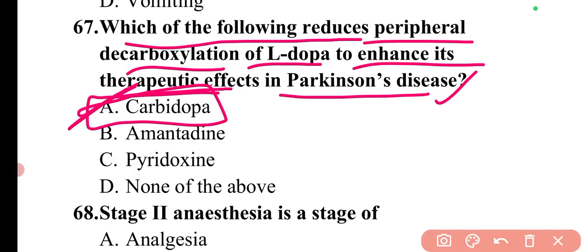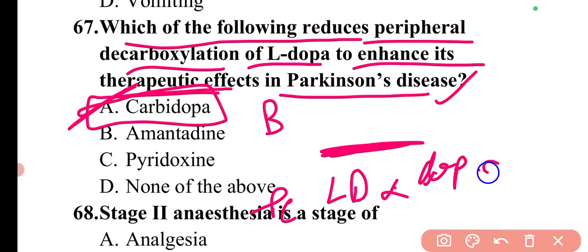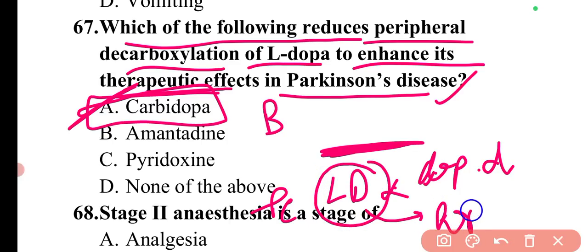Basically, I have told you the process, like there is a barrier. This is the periphery part. This is the brain part. So there is the levodopa drug. If carbidopa is not given, then there is also a dopa decarboxylase enzyme. So this particular drug levodopa will be converted to dopamine in the periphery only. But where we need it is in the brain part.